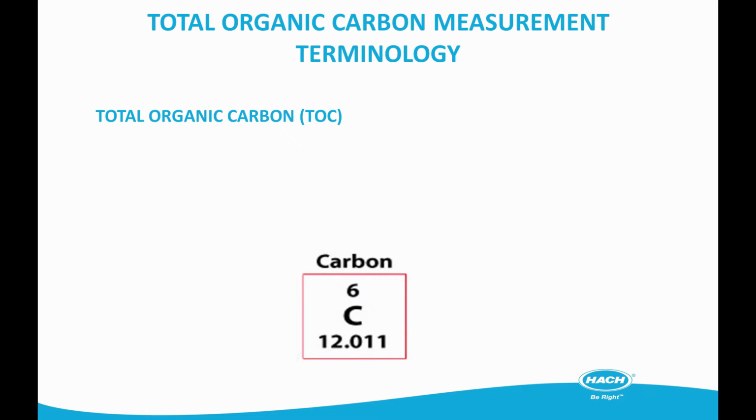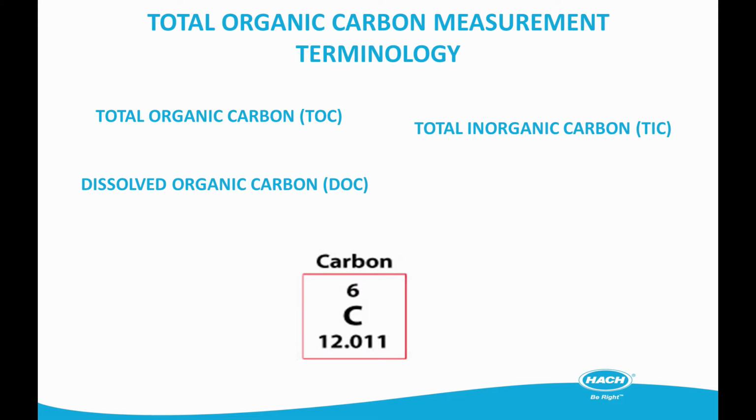Total organic carbon, TOC, is a measure of the carbon content of dissolved and undissolved organic matter present in a water sample. It does not identify the organic substance. Total inorganic carbon, TIC, is the sum of elemental carbon from carbon dioxide gas dissolved in water and dissolved carbonates in the water.